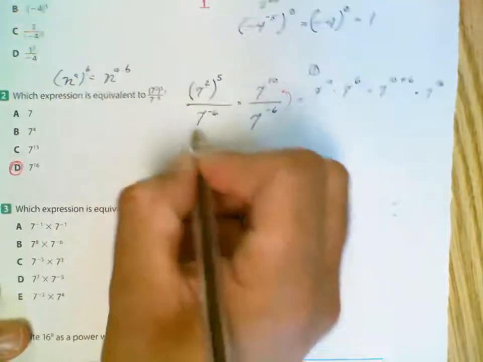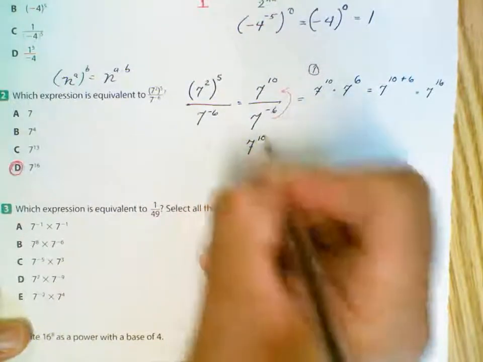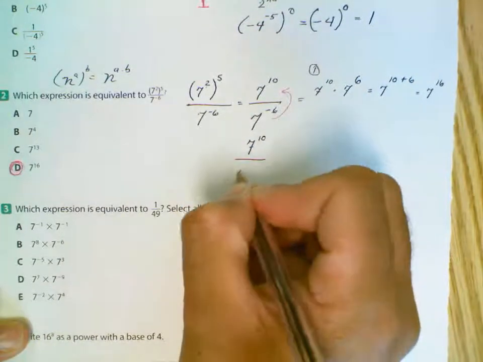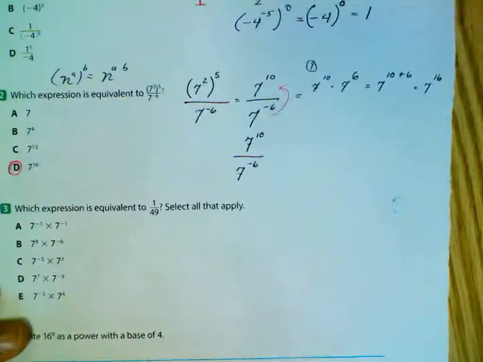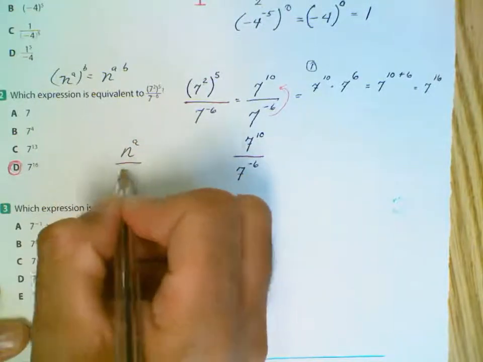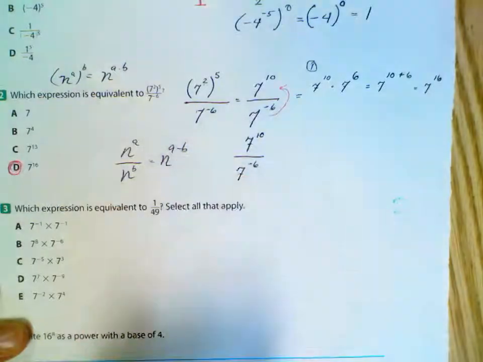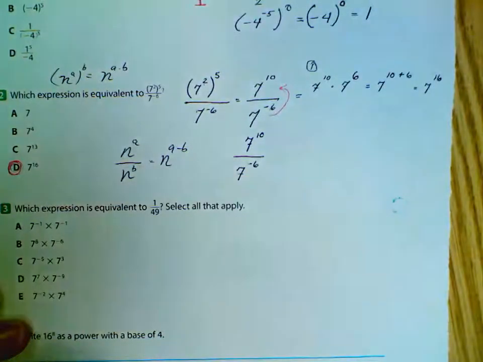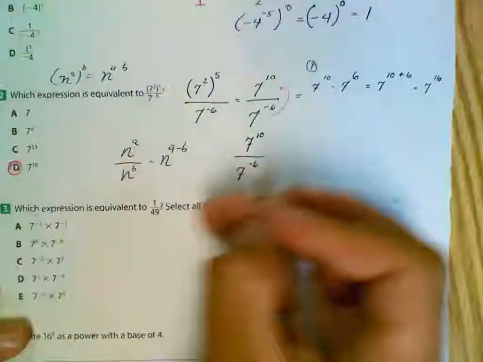What is the other way to solve this problem? So I'm going to do it from here. So I have 7 to the 10th power over 7 to the -6th power. So if I do division, for example, n to the a over n to the b equals n to the a minus b, we need to be careful with this negative. So it's up to you which step you're going to choose.